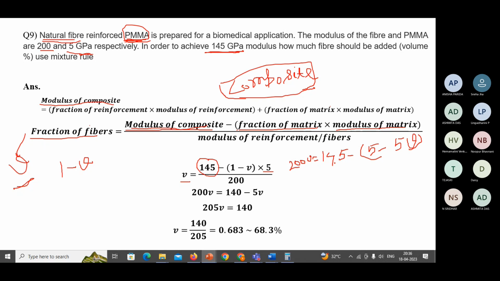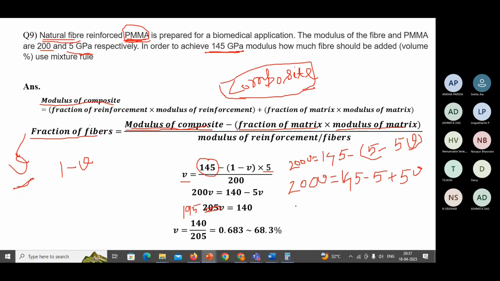Okay, sorry. So 200V equals 145 minus 5 plus 5V.